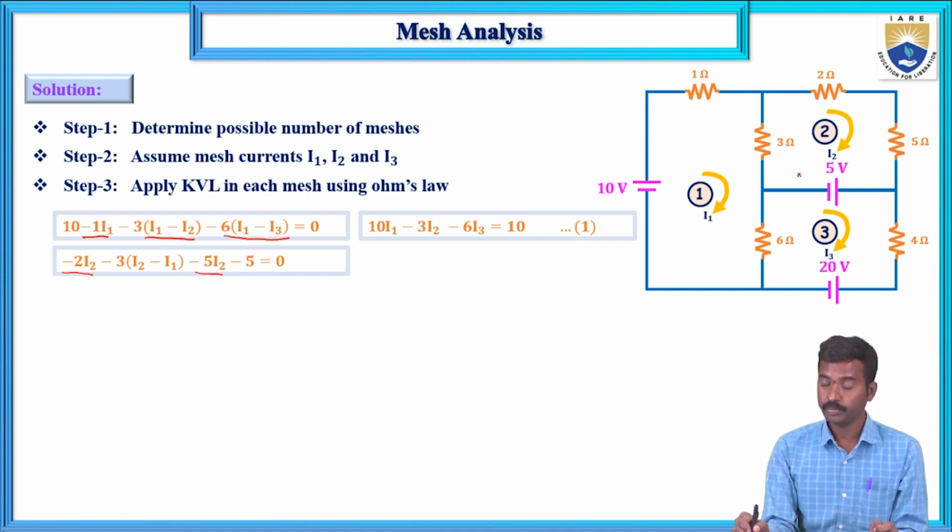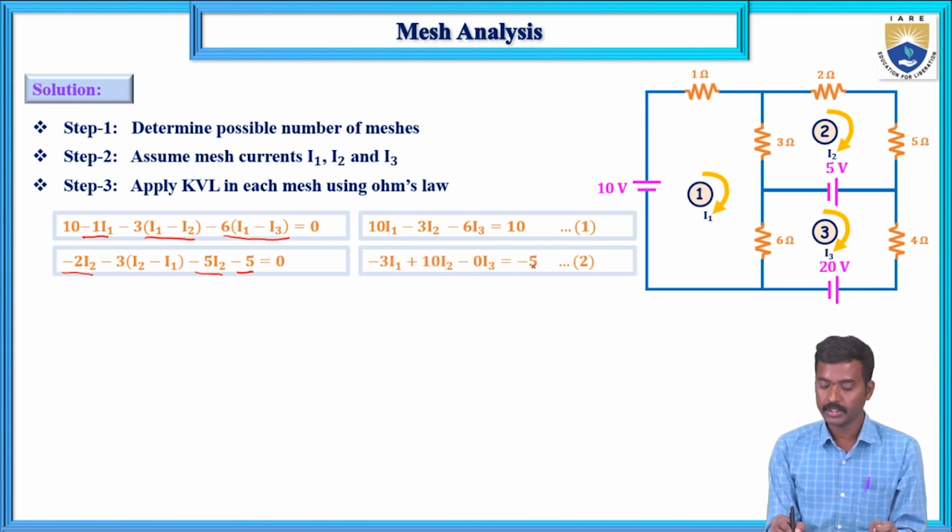Current is flowing from the positive terminal to the negative terminal, so it is a rising voltage, but in reverse the current is flowing from positive to negative. So minus 5, minus 3 into I2 minus I1 equals 0. Minus 3 I1 plus 10 I2 plus 10 I3 equals 5. Equation number 2.